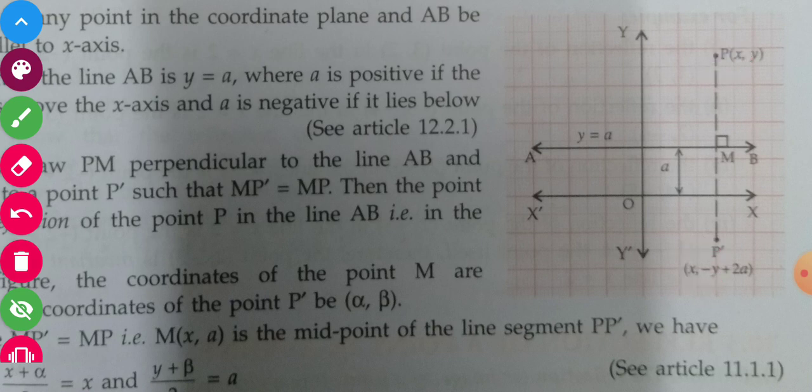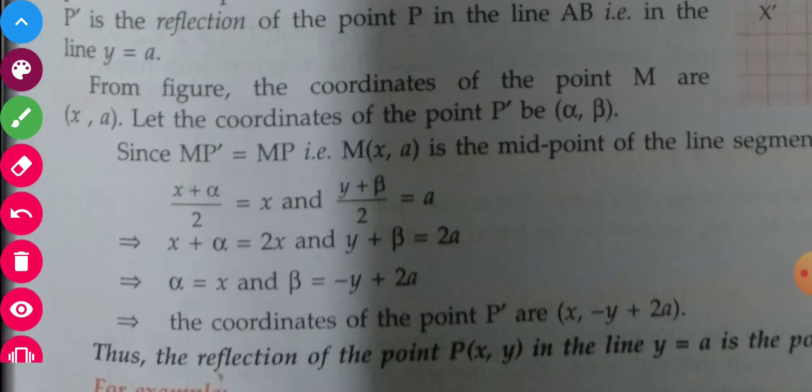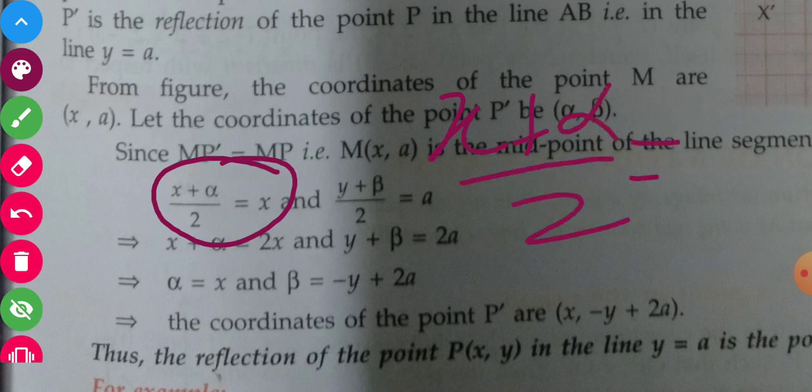The x coordinate of P is x, the x coordinate of P' we have assumed is alpha, and that is equal to the x coordinate of point M, which is x in this case. So x plus alpha by 2 gives the x coordinate of my midpoint, which is already x.